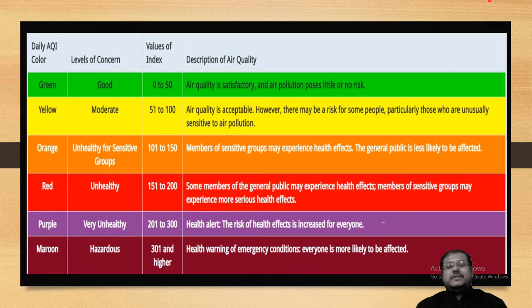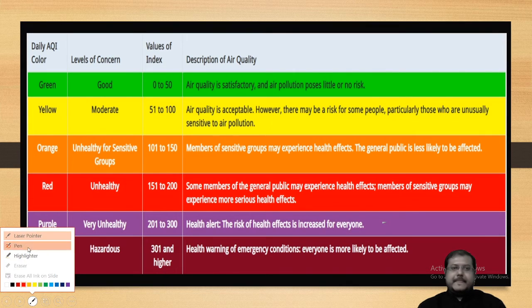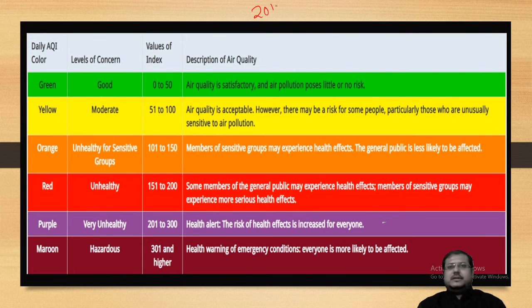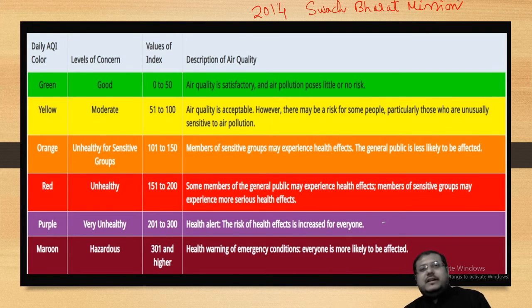In India in 2014, under the Swachh Bharat mission, this was introduced, where 6 color codes are there, values are there, and a description of air quality is given. And they are considering 5 pollutants.